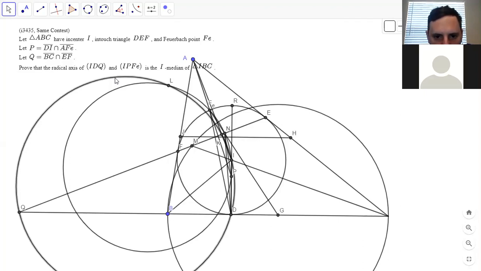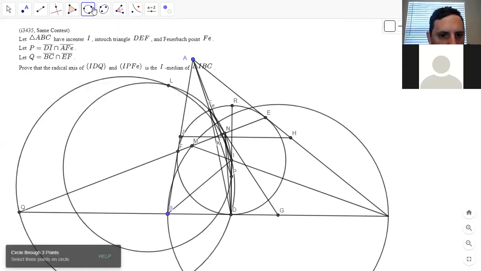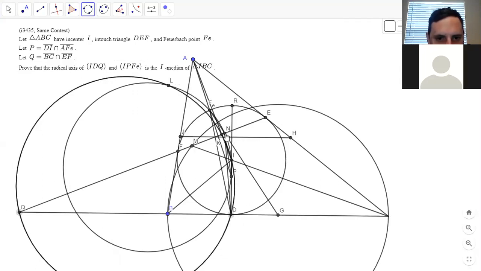It is a really close circle to that, but it isn't the same. QD. Wow, there's so many circles. Oh, that one. Yeah, that one.